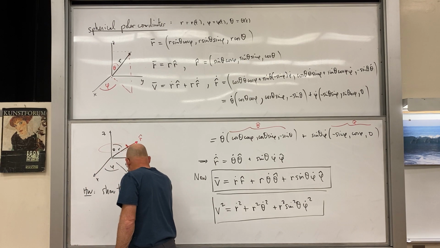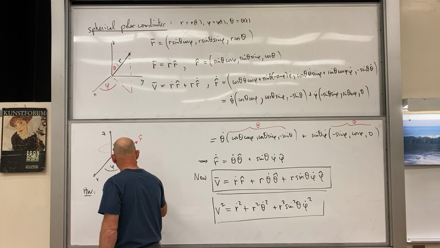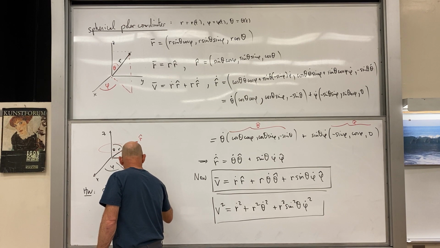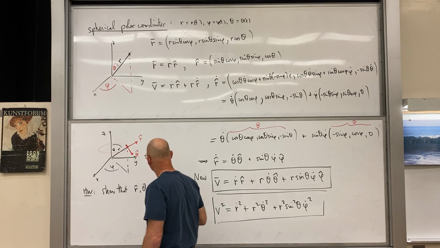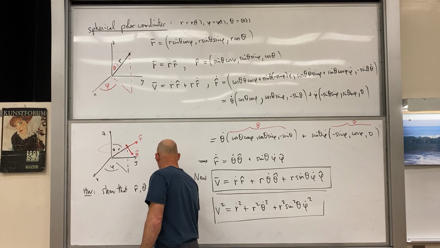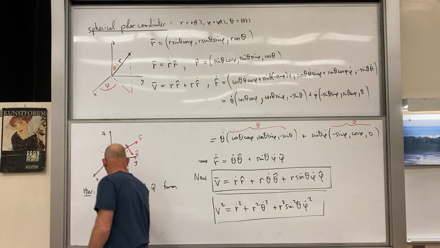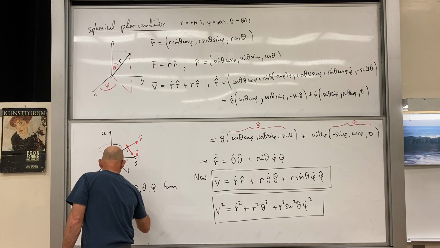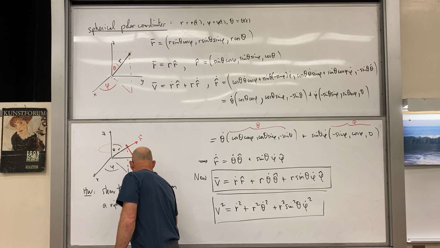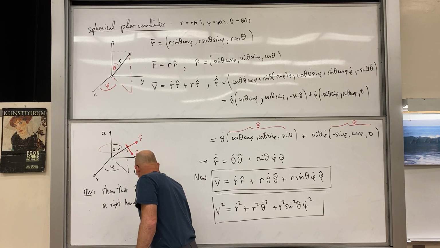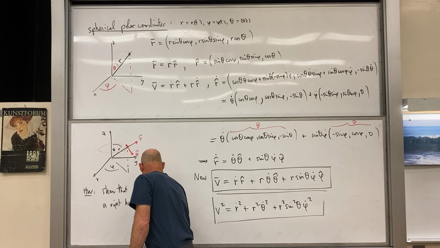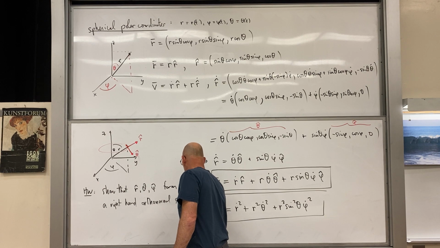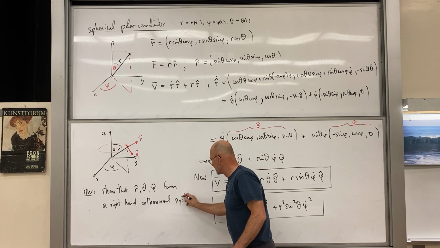Show that r hat, theta hat, phi hat form a right-hand orthonormal system. Orthonormal system, by which I mean coordinate system, right?